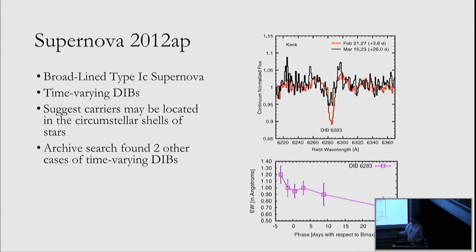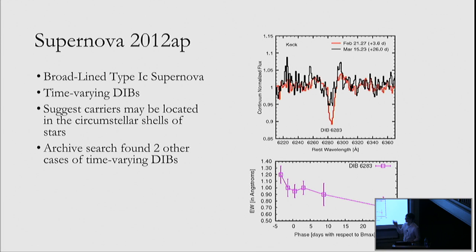This happened for several DIBs. This is actually the first time the equivalent width of DIBs was observed changing in an extragalactic object. This suggests that the carriers may be located in the circumstellar shells of some of these stars, and that the supernova blast is interacting with these carriers and causing these changes.